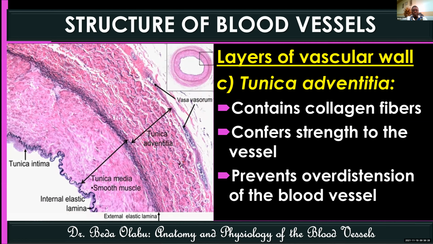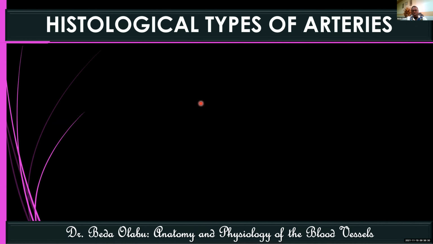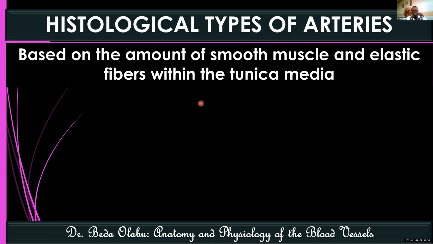All right. Based on what I've described for you, I want us to now talk about histological types of arteries. We classify arteries histologically based on the amount of smooth muscle and elastic fibers which are present within their tunica media.